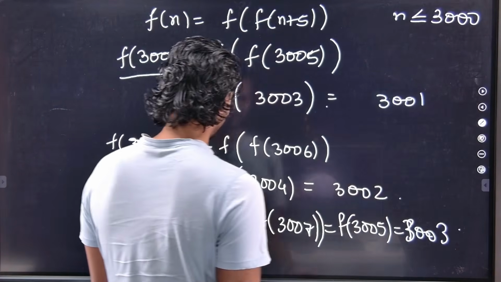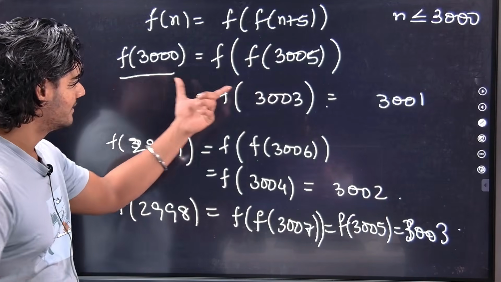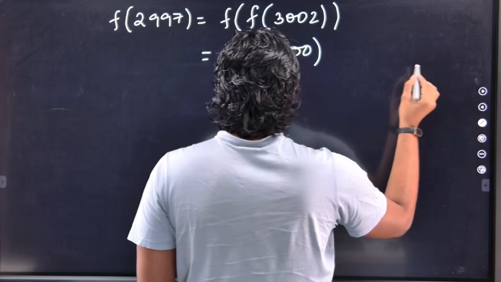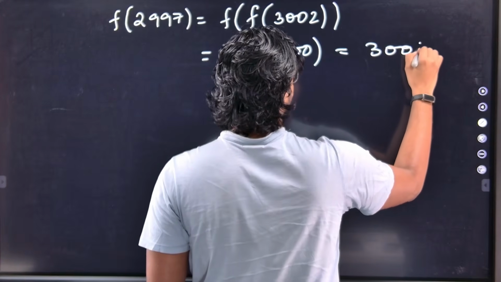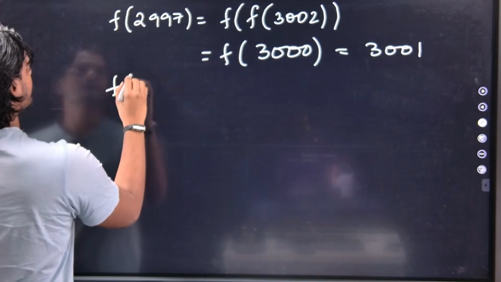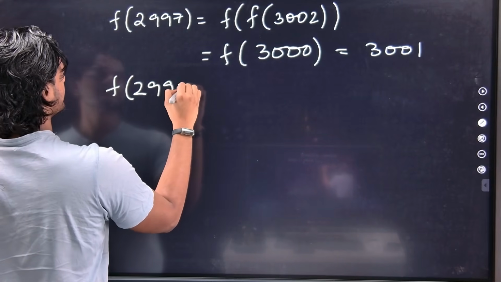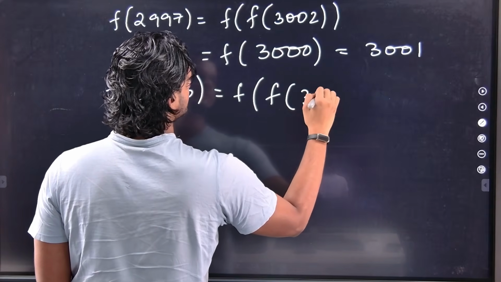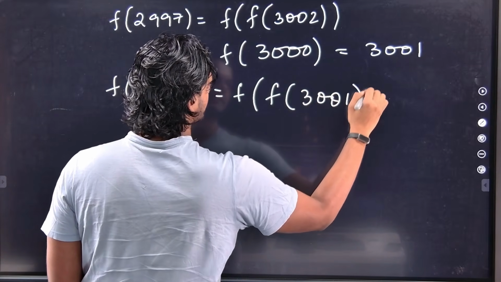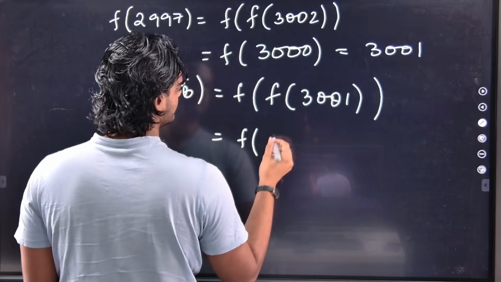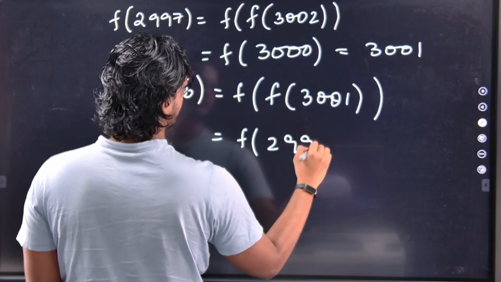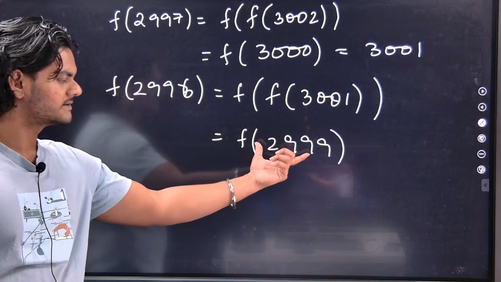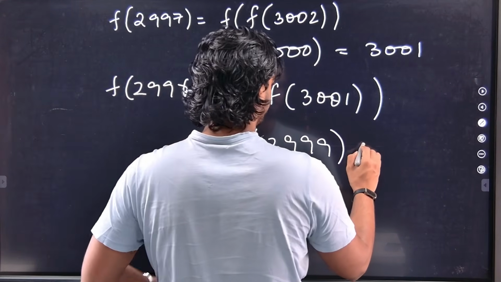Now we know f of 3000, that is 3001. What happens to f of 2996? It is f of 3001, that is f of 2999, right? So you see, it keeps repeating.